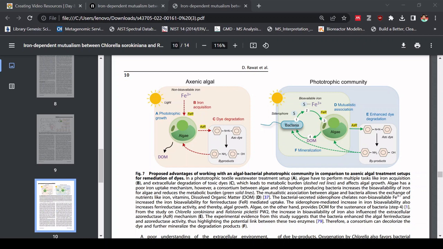So in short, the phototrophic community was much better in comparison to the algal setup.